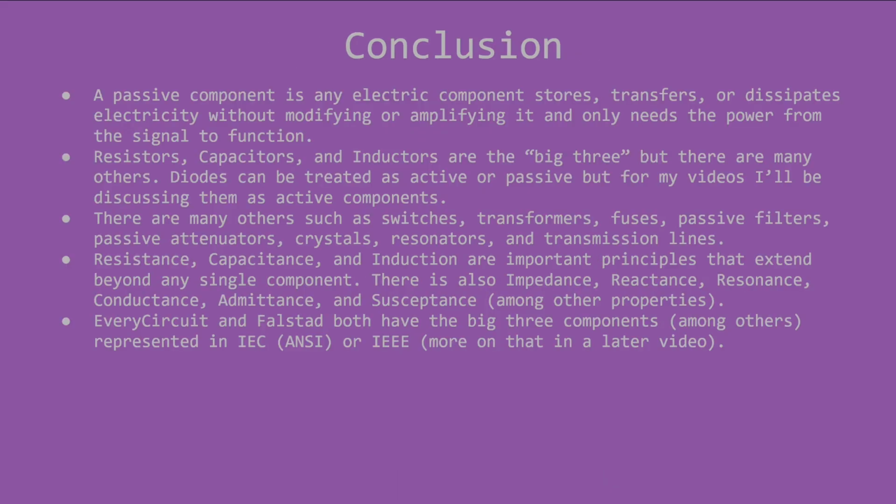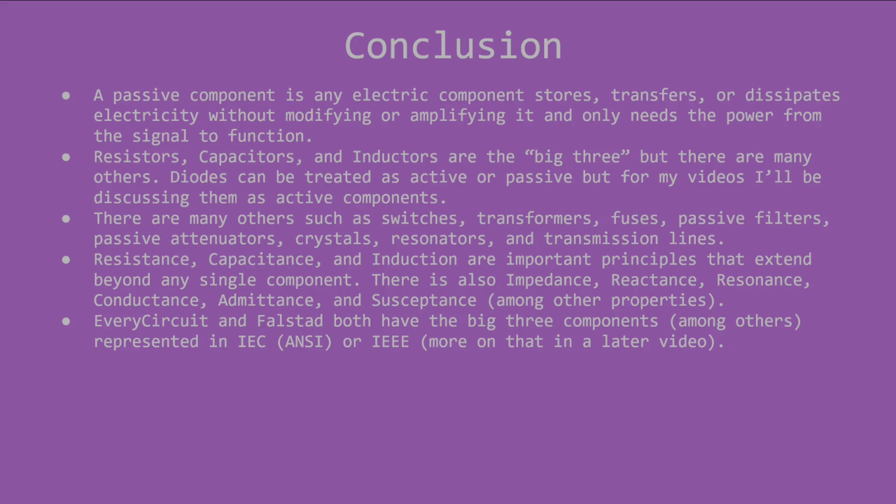So just to wrap things up here, a passive component is any electrical component that stores, transfers, or dissipates electricity, but it doesn't otherwise modify or amplify it. It also doesn't need an external power source, just the power from the initial signal to function. Resistors, capacitors, and inductors are the big three, but there's plenty of others.